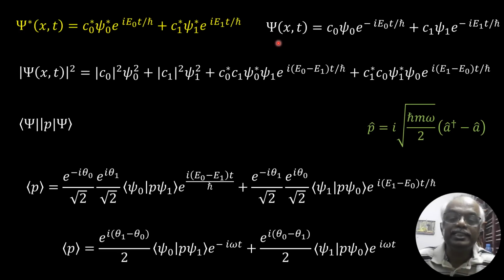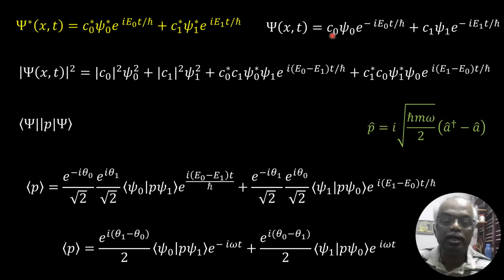We have taken the total wave function as Ψ(x, t) equal to c0 ψ0 e^(−iE0 t/ħ) plus c1 ψ1 e^(−iE1 t/ħ). Then you take the complex conjugate of this.